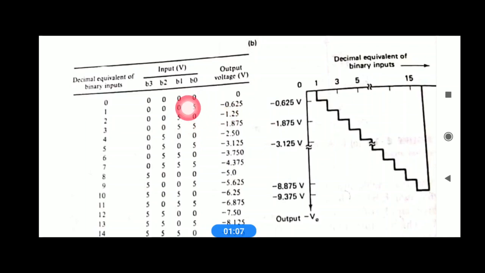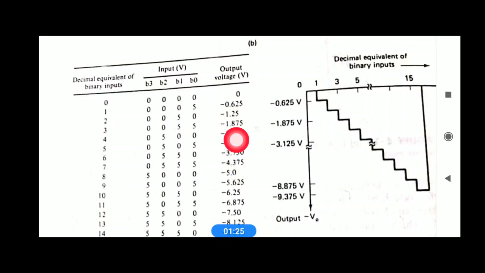Similarly, if you apply B0, you will get minus 0.625. So you can see the pattern here. If you apply only B3, you will get minus 5 volt.